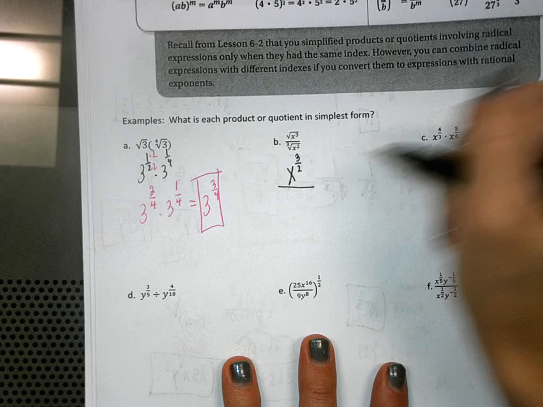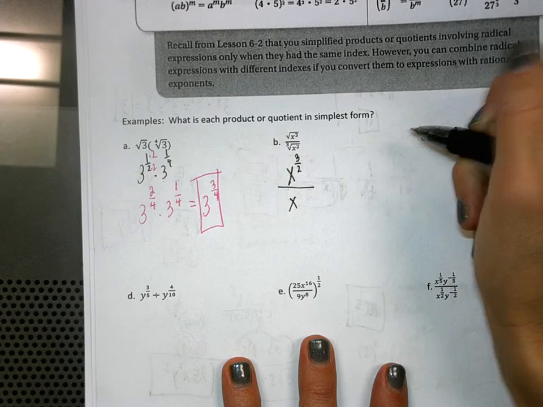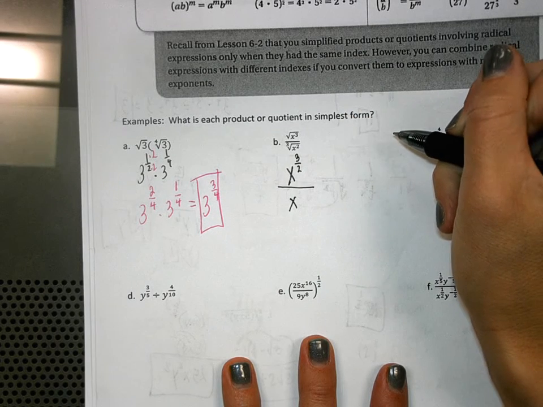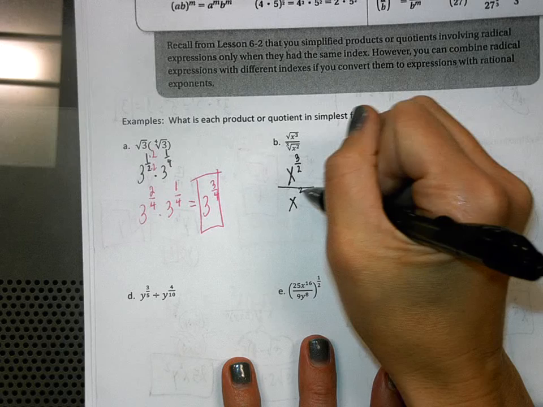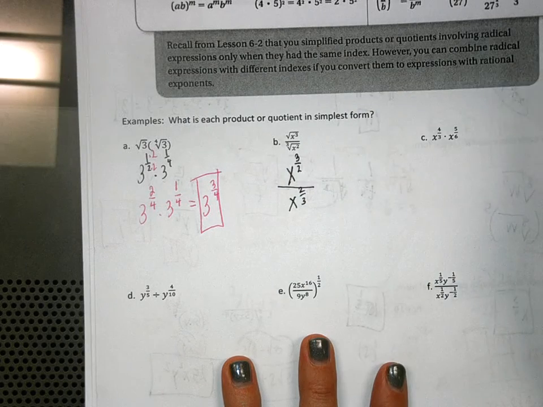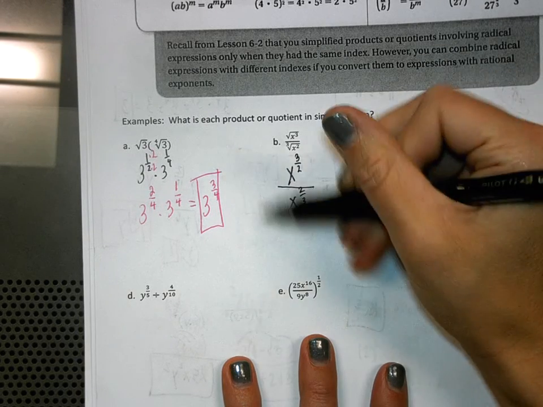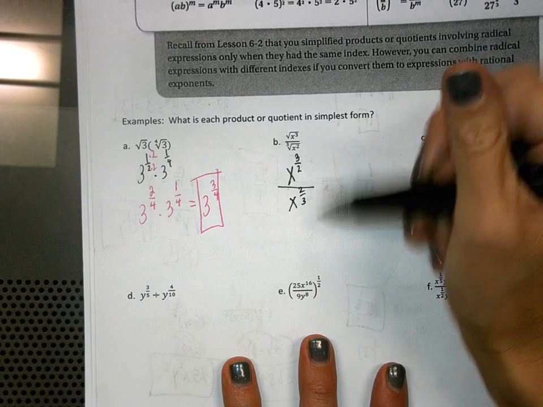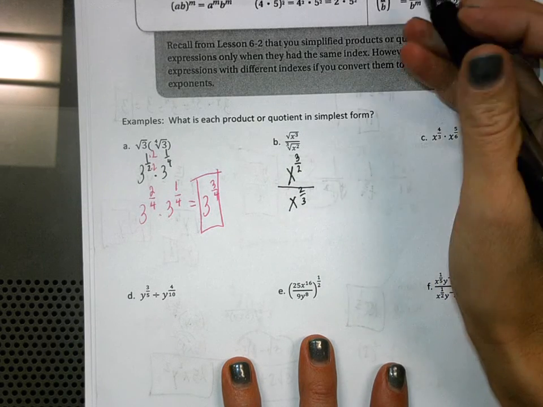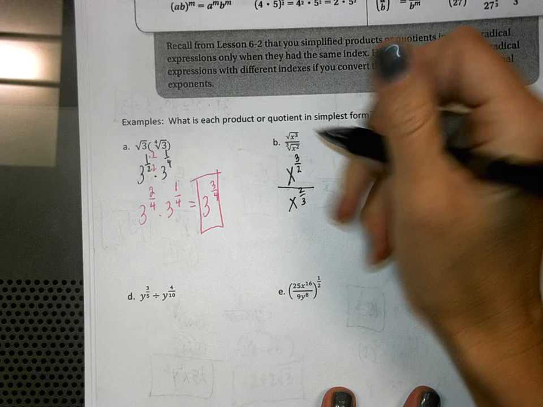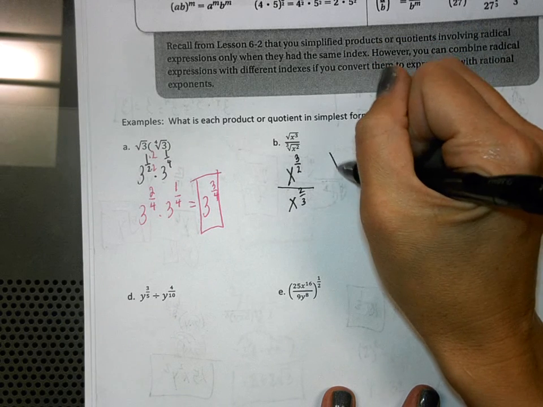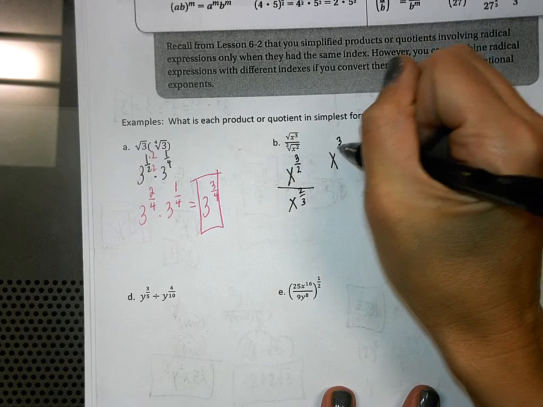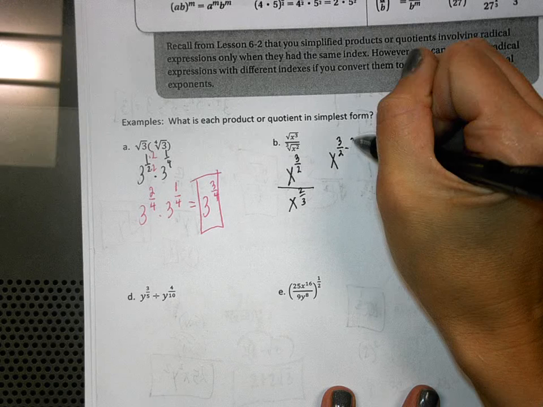Okay, on the bottom, it's going to be x to the what? 2/3. Good. Okay, so instead of keeping this as a fraction, when we have a fraction and we're going to combine them, what do I end up doing with the exponents? Okay, we subtract. So I'm going to have x to the 3 over 2 minus 2 over 3.